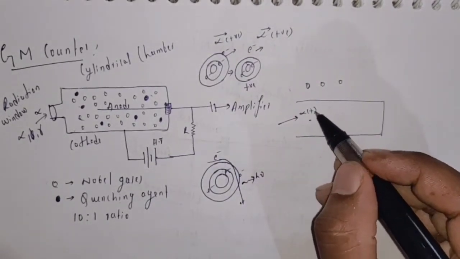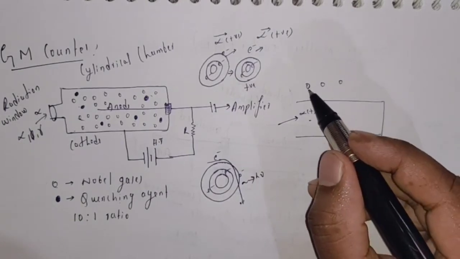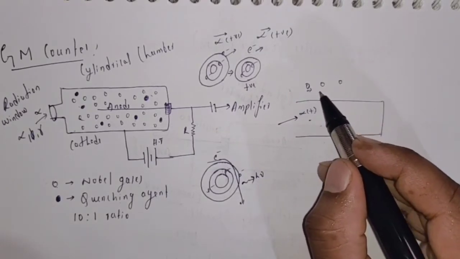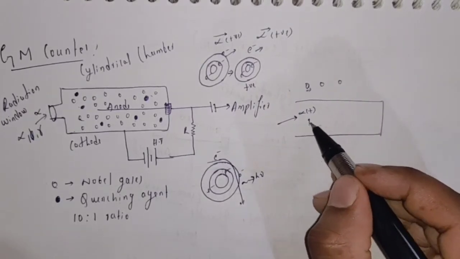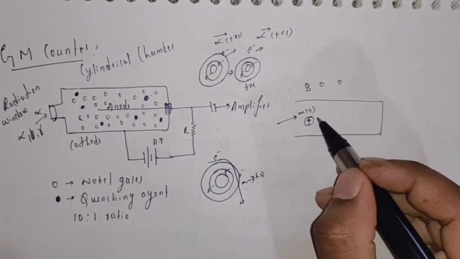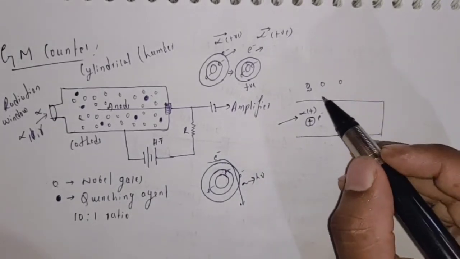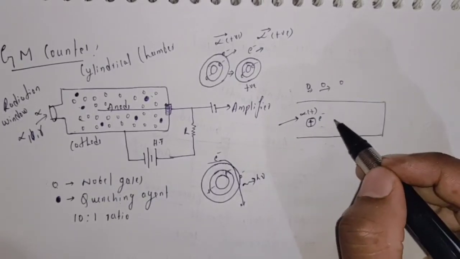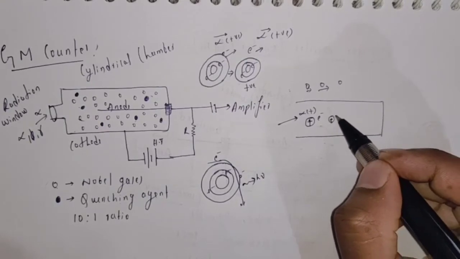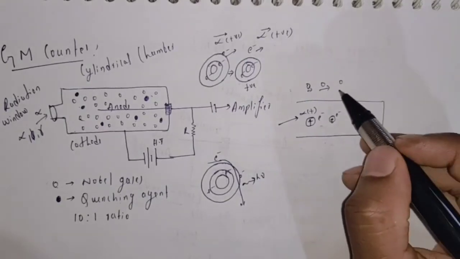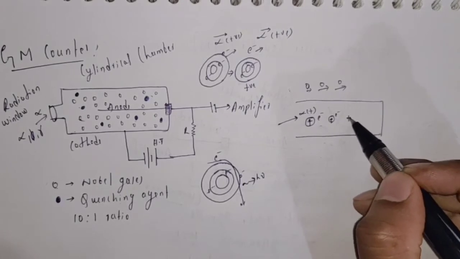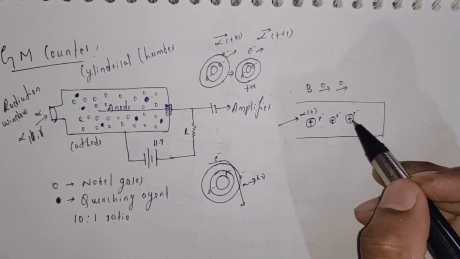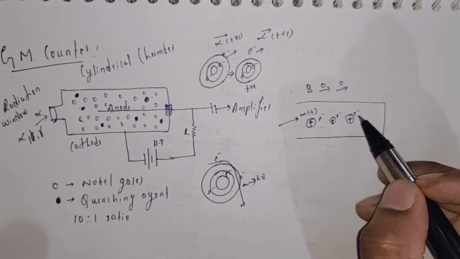Let us suppose this alpha particle ionizes the first gas molecule while it is moving, and a positive ion and an electron are produced. Similarly, it ionizes the second gas molecule, producing a positive ion and electron, and it also ionizes another gas molecule and produces a positive ion and electron.